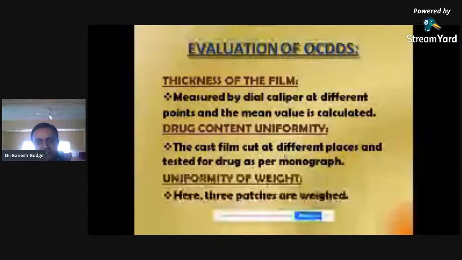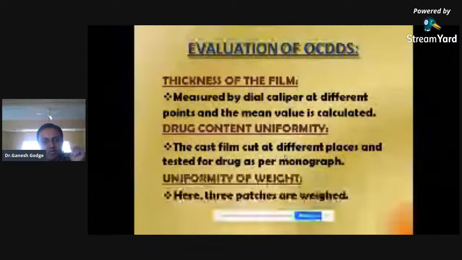Then controlled ocular preparations like implants, iontophoresis, dendrimers, microemulsions, nanoemulsions, nanosuspensions, microneedles, mucoadhesive polymers. Then particulate drug delivery systems, like nanoparticles, which are used for the treatment of ophthalmic infections.